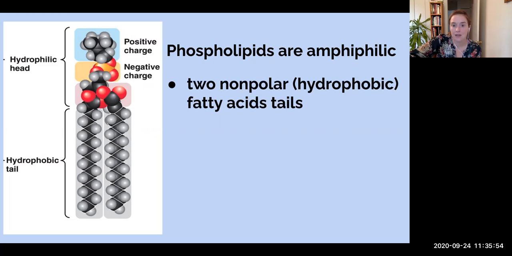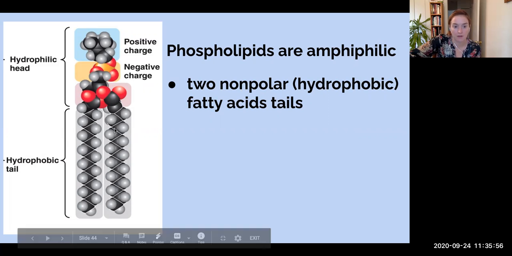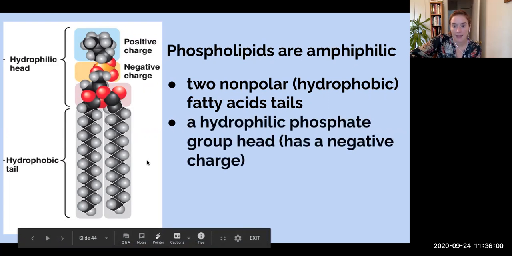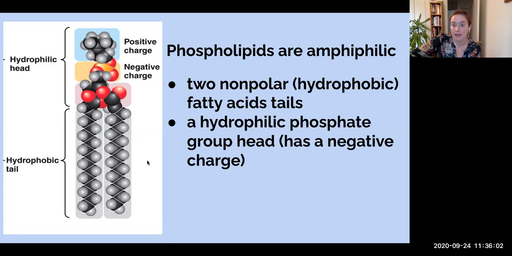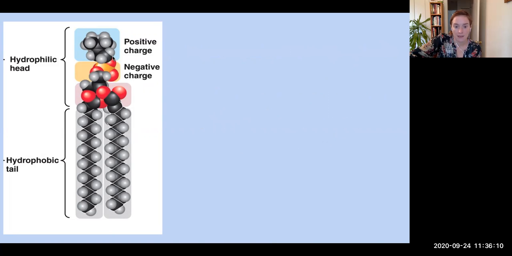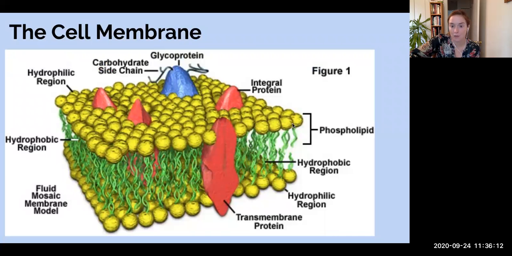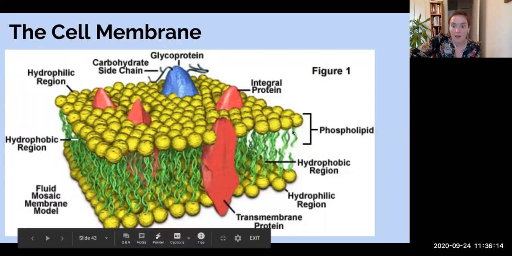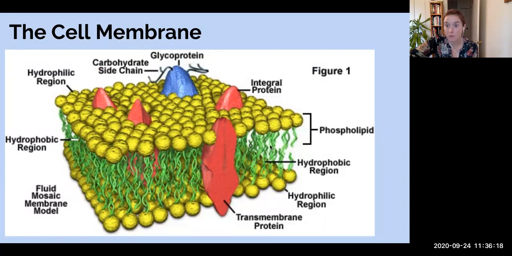So the fatty acid tails are still nonpolar. They're hydrophobic. They don't wish to interact with water, but the head is hydrophilic. The phosphates have a negative charge, which makes them more polar, more oriented with water. So in an organism that's 60 or 70% water, like ourselves, the hydrophobic parts, the tails, are going to face away from water, right?